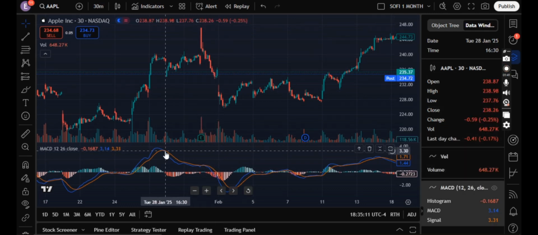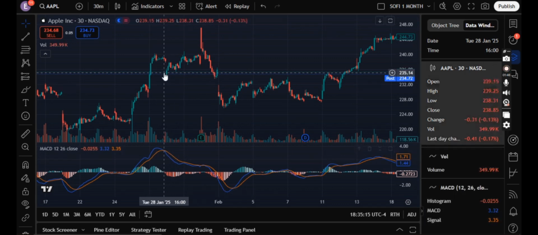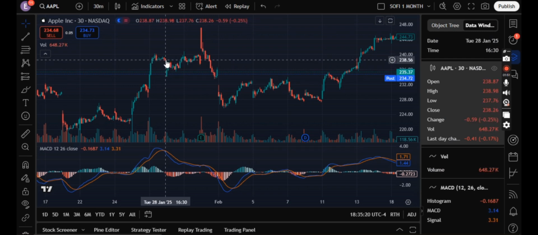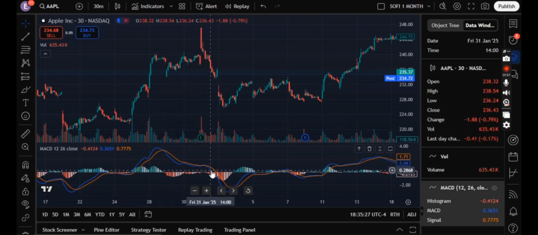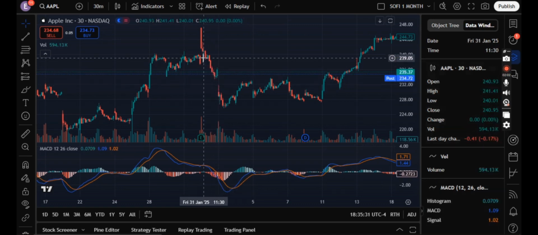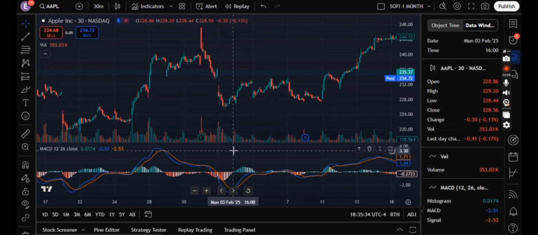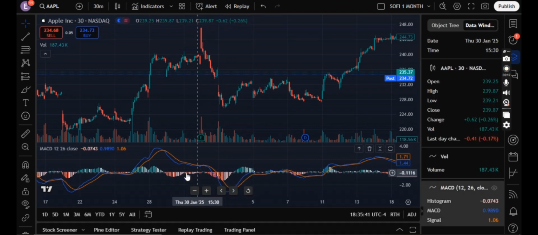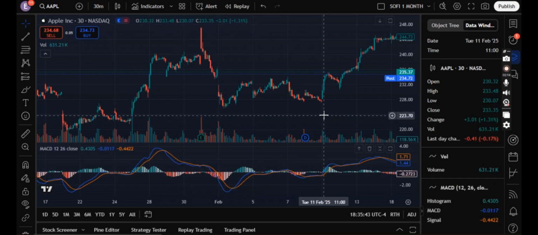Now even though the blue went below the orange here, the bearish intensity is not so strong until it goes below that, and you're in strong bearish territory. The price is going down. So bullish cycle, bearish cycles, as we can see.